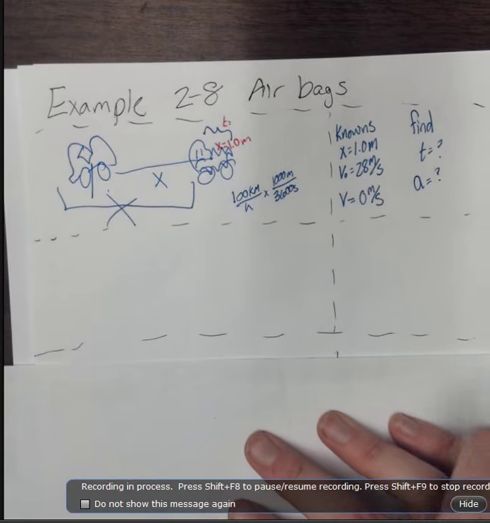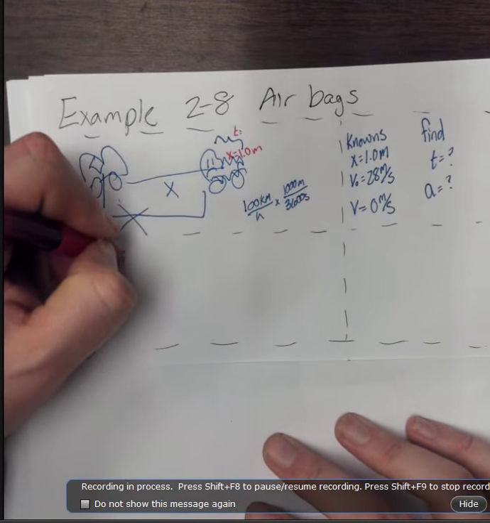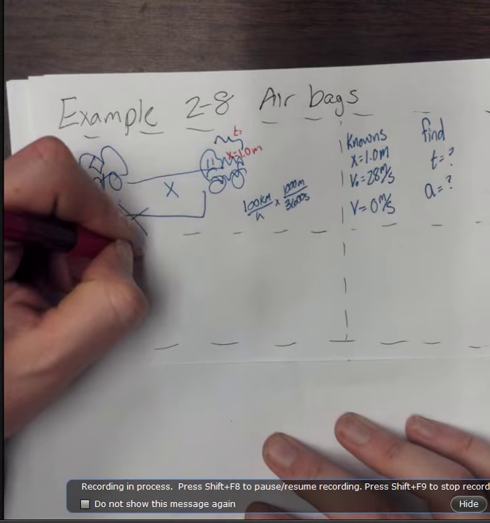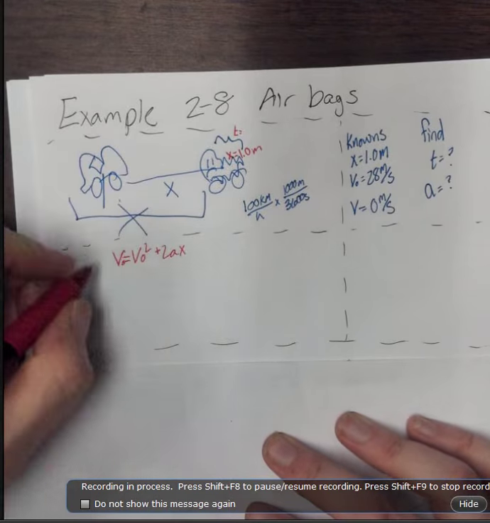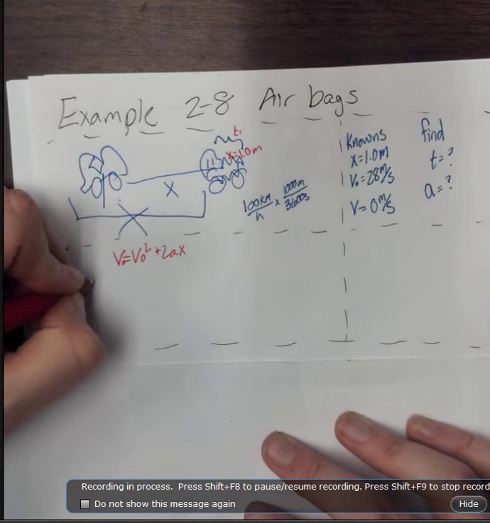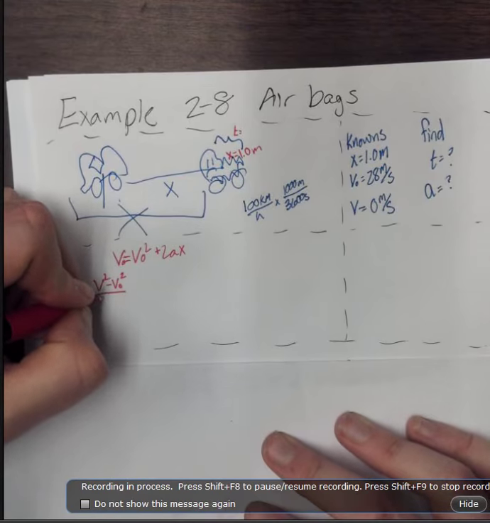All right, so that means that v squared equals v naught squared plus 2ax. I'm going to solve for a. A equals v minus v naught, both of those values are squared, all divided by 2x.